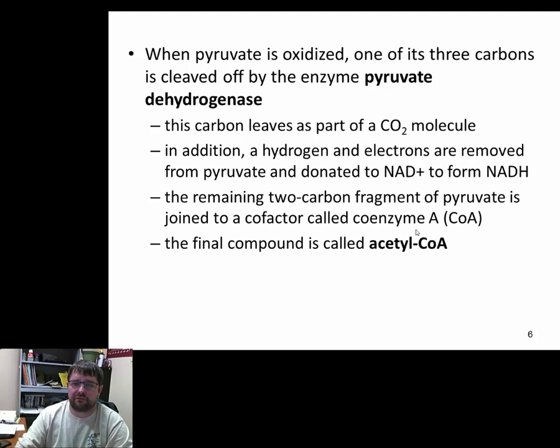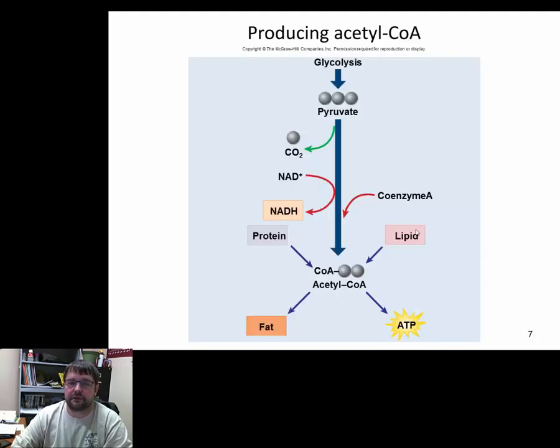The final compound, when you combine that 2 carbon fragment with coenzyme A, is acetyl-CoA, or sometimes people just call it CoA. Okay? So this is that process. We already talked about glycolysis, formation of pyruvate. Pyruvate gets processed, carbon dioxide leaves, and then you form acetyl-CoA.